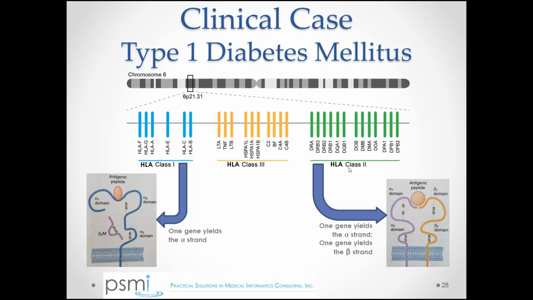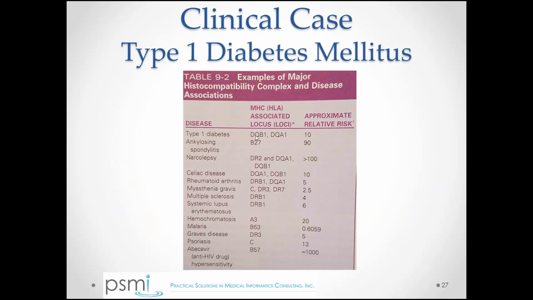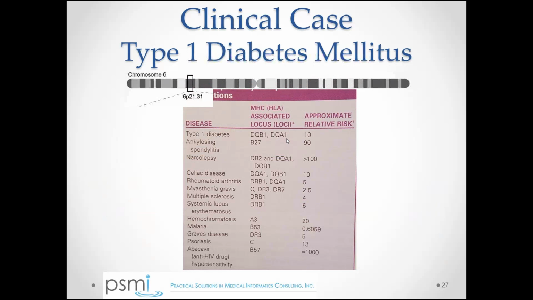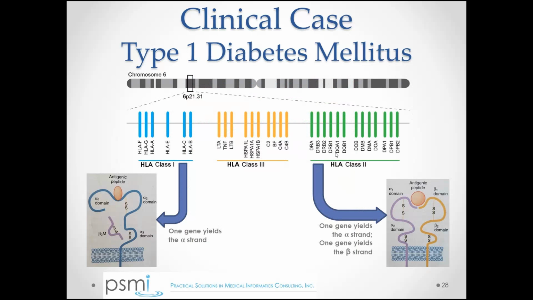And in diabetes, we're going to be looking at the DQB1 and DQA1 genes. So here's the DQA1 gene and the DQB1 gene. The A genes result in the alpha component, and the B genes result in the beta component.